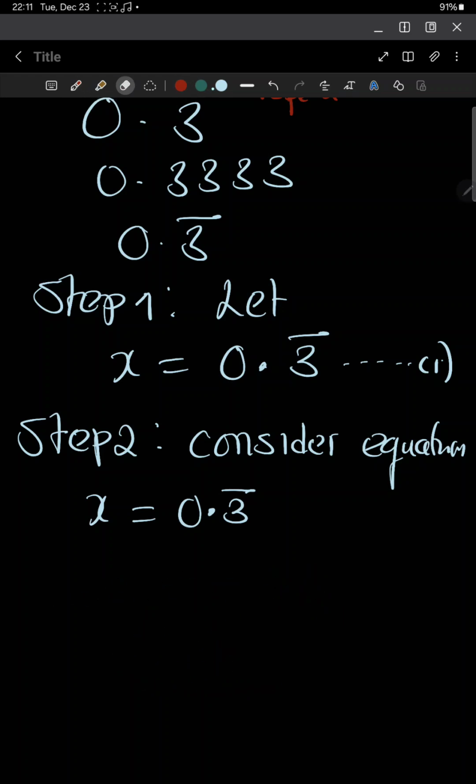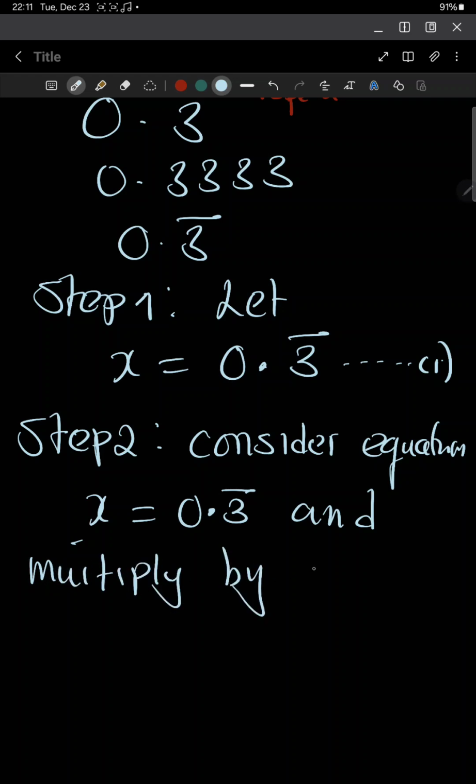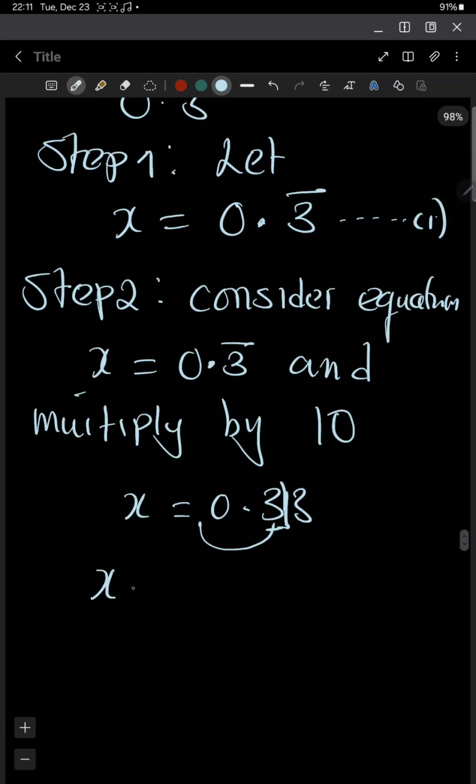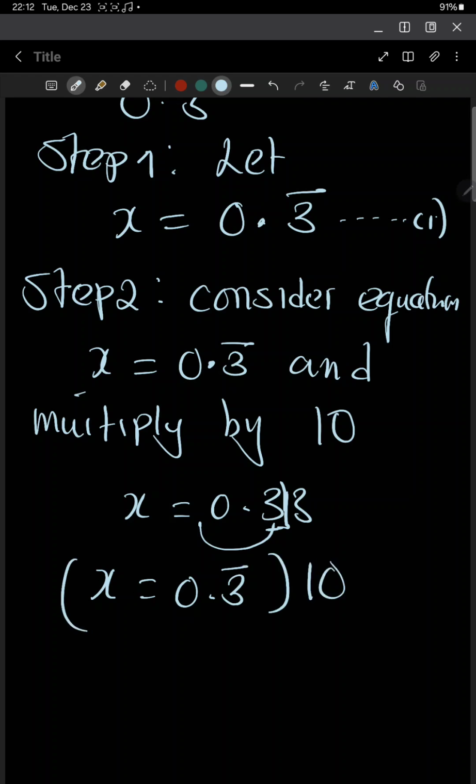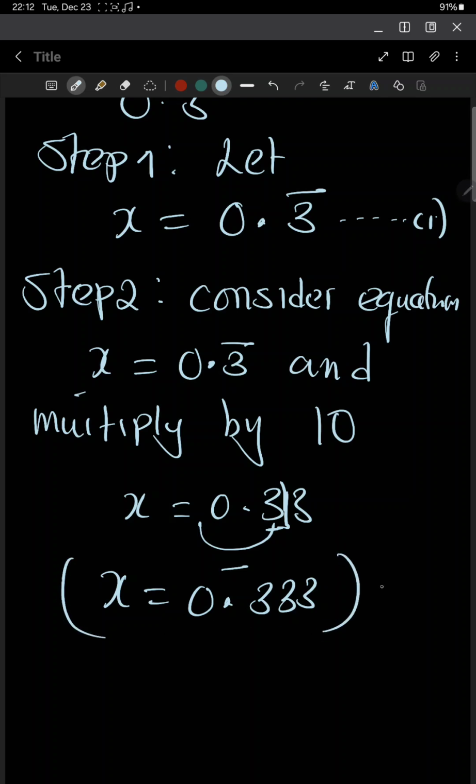So consider equation 1 and multiply by 10. I've explained why we multiply by 10: since x is equal to 0.33, I concentrate on this number to come to this side. So we say x is equal to 0.3 bar times 10, or x equal to 0.333 times 10.